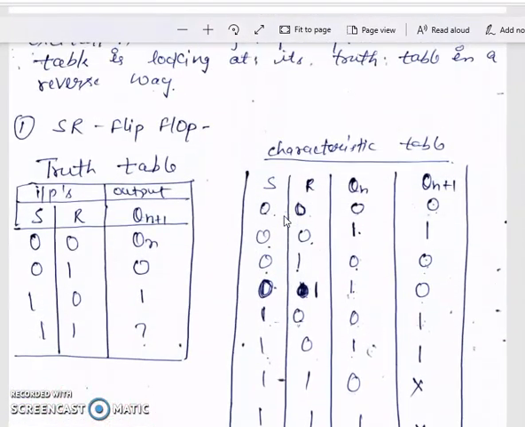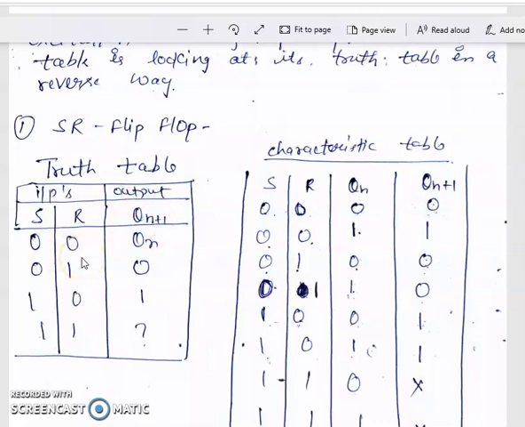For the excitation table, we write the truth table for the particular flip-flop. Here we find the excitation table of SR flip-flop, so we need to write the truth table of SR flip-flop. So write here SR, that is the input of the flip-flop, and the output, that is the next state Qn plus 1.